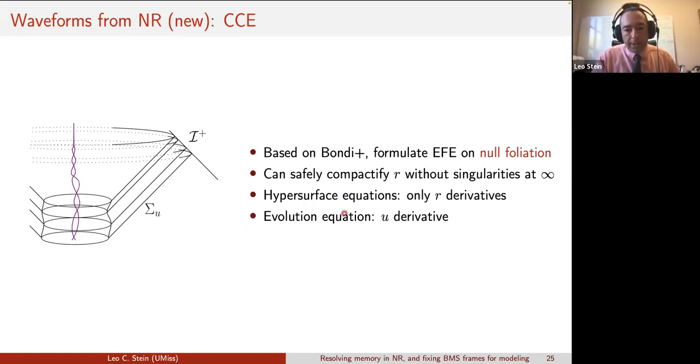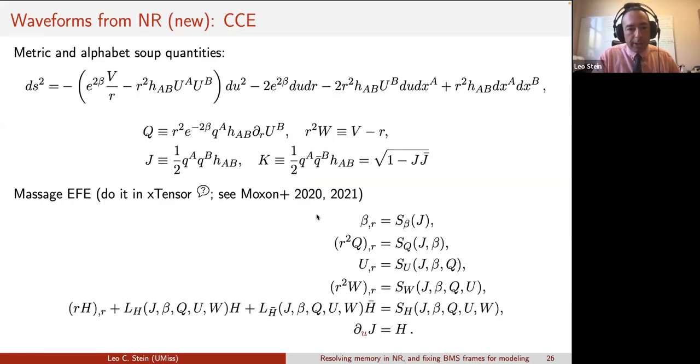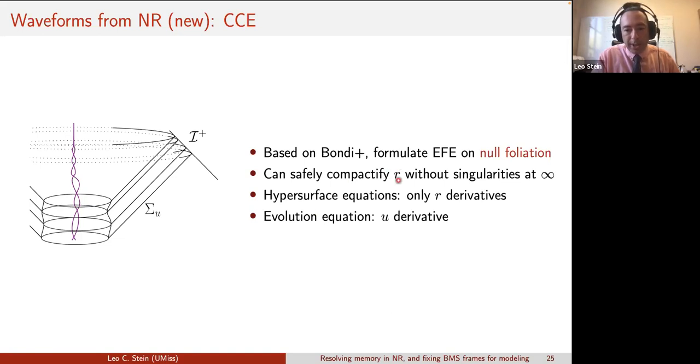Okay, maybe these words don't mean anything, but there's something that I should say in words without equations first. We want to bring infinity into our simulation domain so that we can actually get the waveforms all the way at infinity.